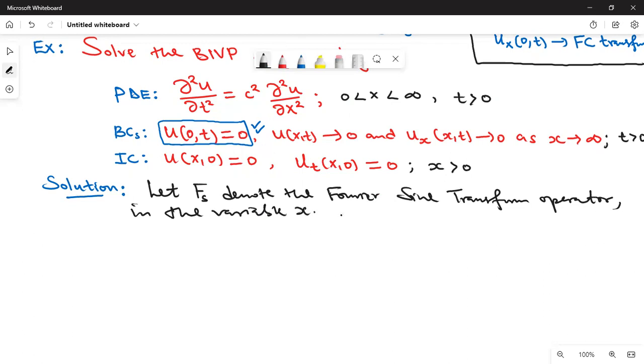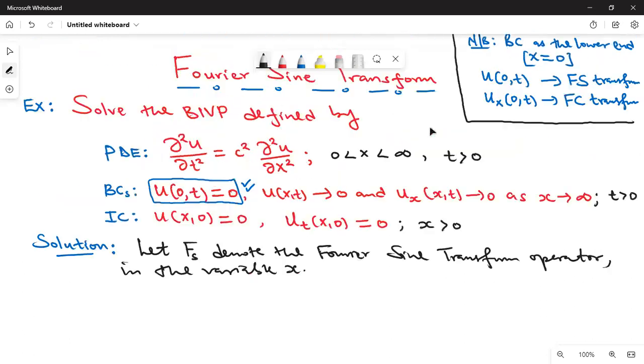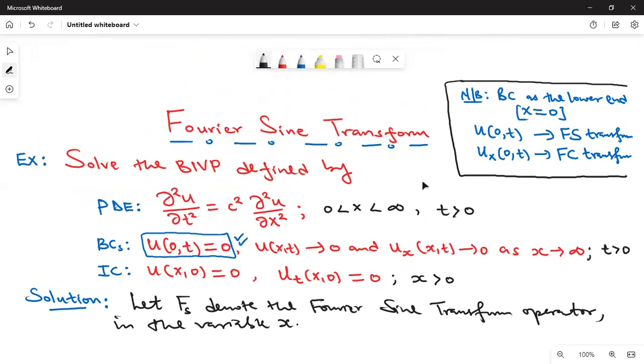Now, somebody might ask, what is the difference between Fourier Sine, Fourier Cosine Transform, and the complete Fourier Transform? The difference here is that in Fourier Sine and Cosine Transform, our domain is semi-infinite. When you have a semi-infinite domain, just like this one, from 0 to positive infinity, then you need to use either Fourier Sine or Fourier Cosine Transform.